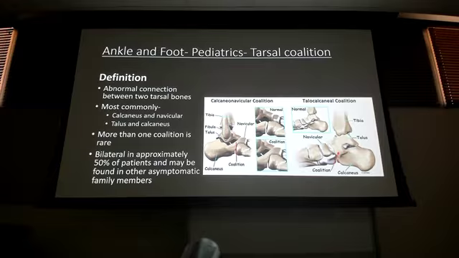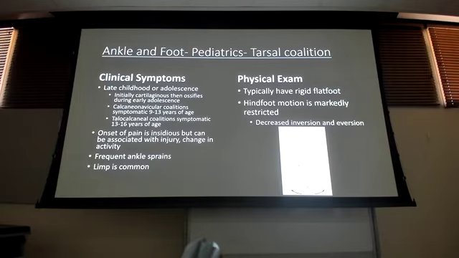Really, it starts as cartilage, and then eventually it becomes fibrous and ossifies to that other bone. We see it more in late childhood or adolescence, so once that cartilage starts to ossify in that area, they start complaining of pain. Typically, we see two different presentations.